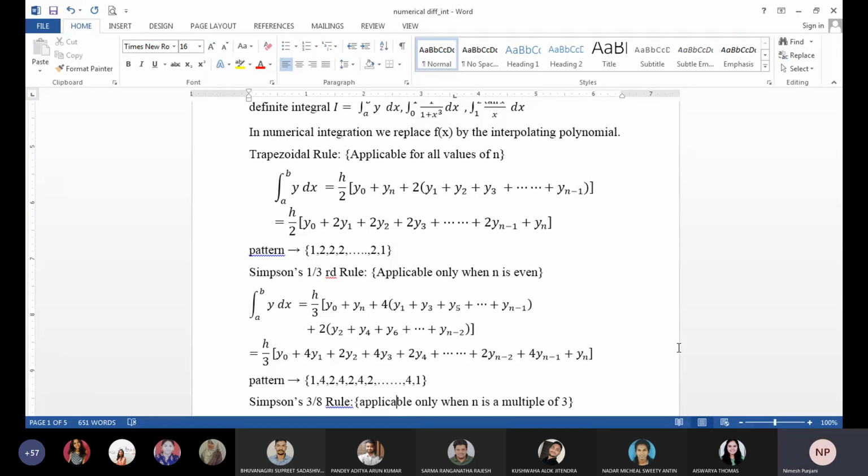Either remember it like this: y0 plus yn, 4 times the terms with odd suffix, 2 times the terms with even suffix. Simplifying it, you can write the pattern in the form of 1 4 2 4 2 4 2 4 and 1.